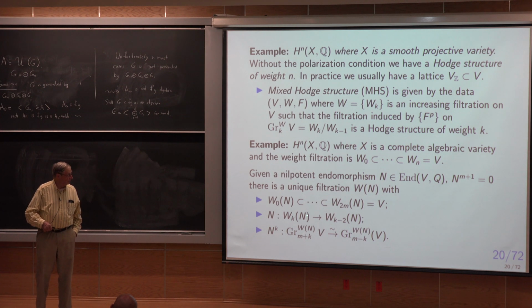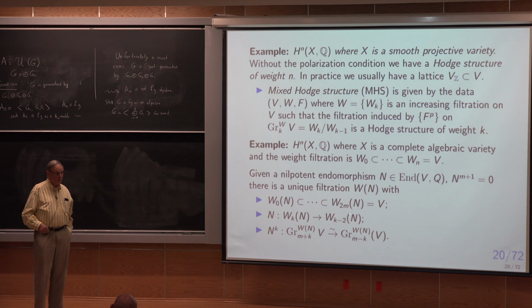And it should satisfy two conditions, that N drops the weights by 2, and it gives an isomorphism of the associated graded, the stuff above the middle to the stuff below the middle, the so-called Hard Lefschetz property.